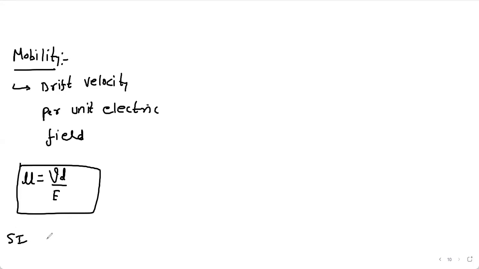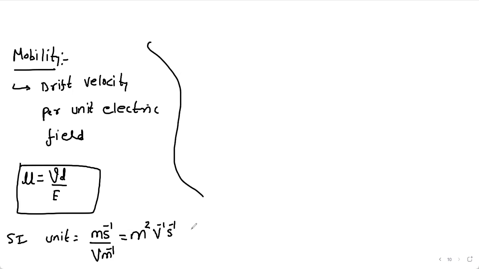The SI unit of mobility: the unit of drift velocity is meter per second, unit of electric field is volt per meter. So this is meter square per volt per second. That's mobility.